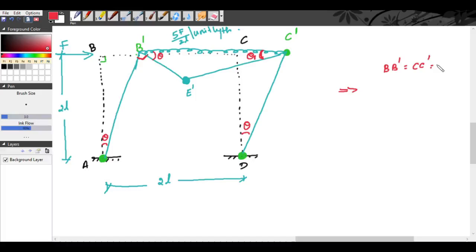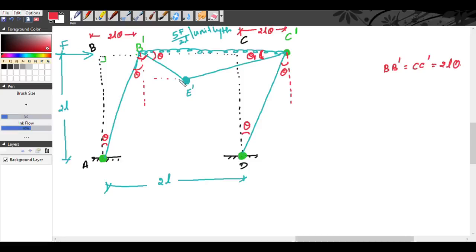So this distance is 2L theta, BB dash is 2L theta, and CC dash is 2L theta. Now this angle is theta, and this angle also will be equal to theta because this is theta, this is theta.